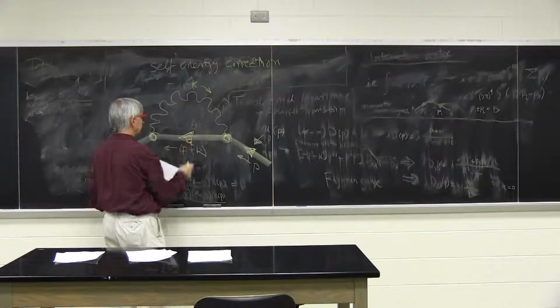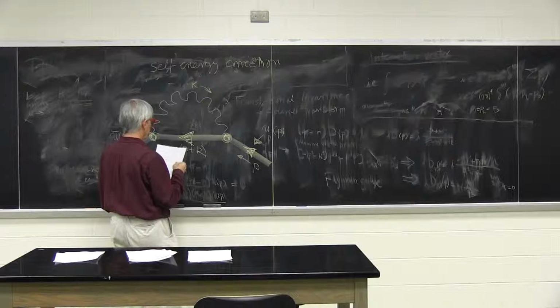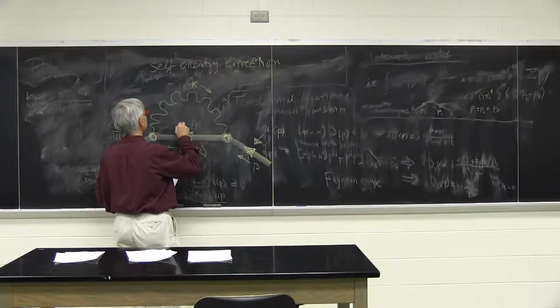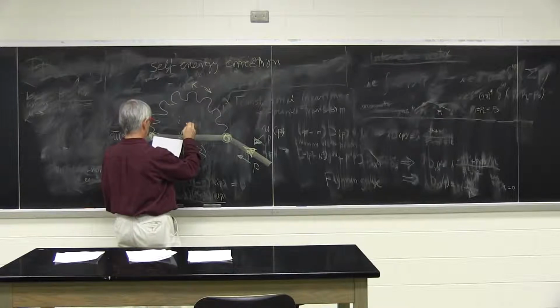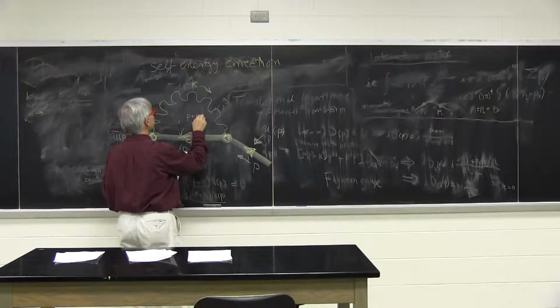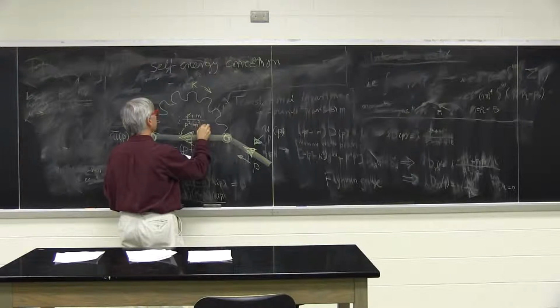Then there will be an electron propagator here, and we have it. So this guy here is i times (P slash plus M) divided by (P squared minus M squared plus i epsilon).